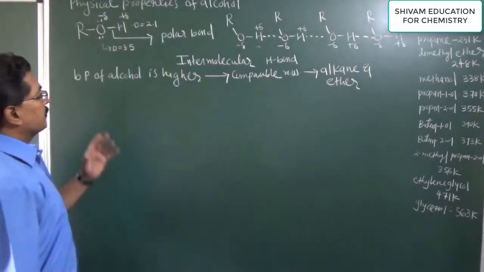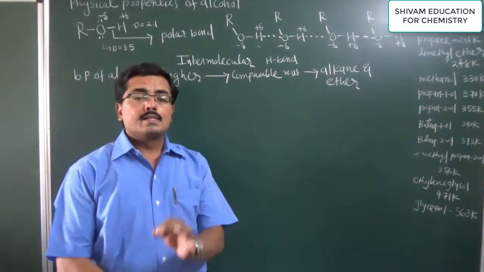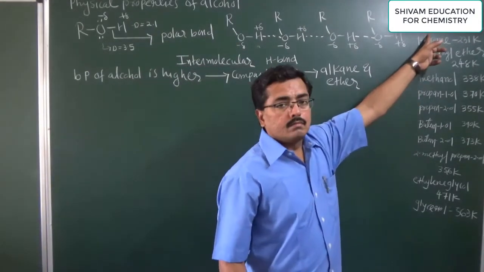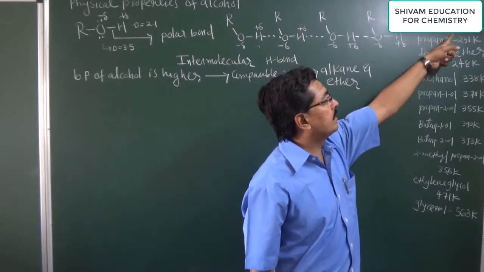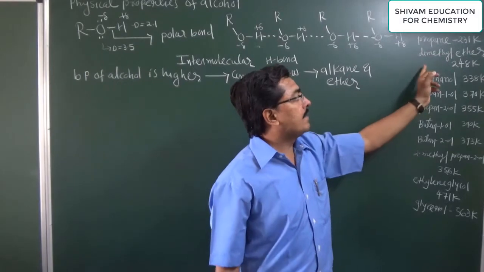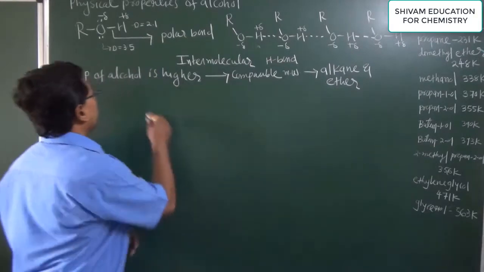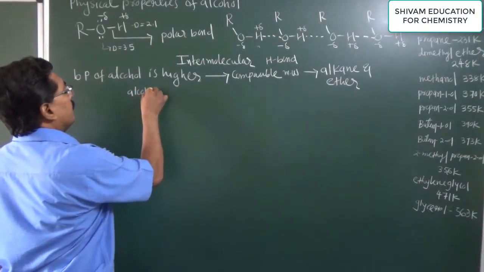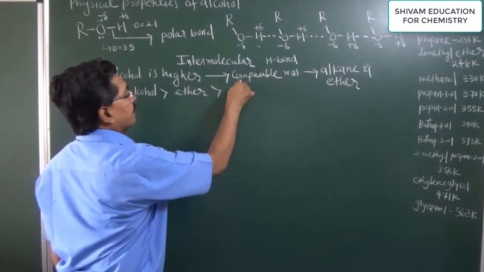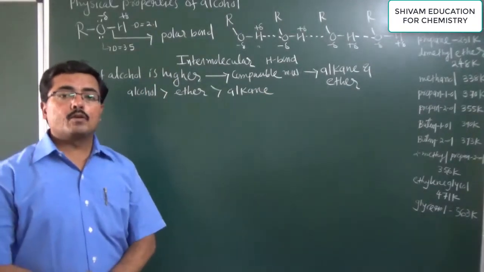Now suppose we take the 2 carbon containing ethanol, whose molecular mass is 46. Ethanol has a boiling point of 351, propane has a boiling point of 231, and dimethyl ether has a boiling point of 248. So we can write that alcohol has a higher boiling point as compared to ether, and ether has a higher boiling point as compared to alkane, for almost comparable molecular masses.